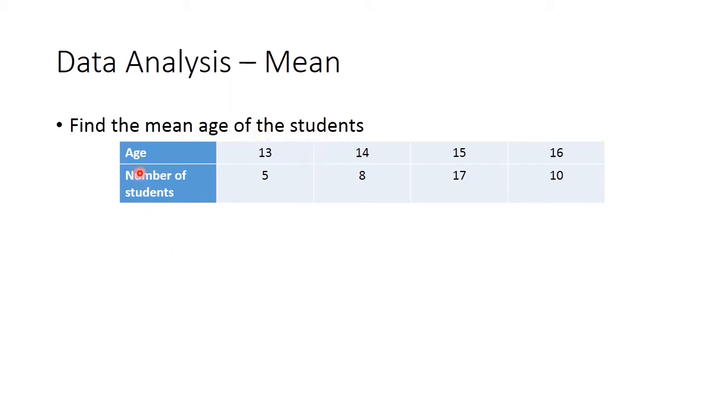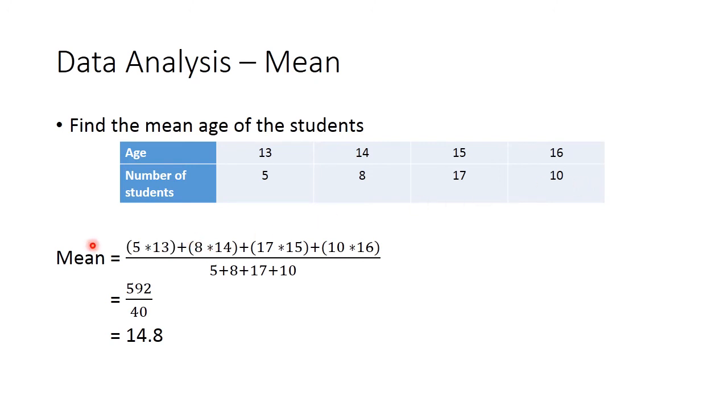Given a table, over here on the top you have the age, 13, 14, 15, 16, and you have the number of students: 5 students, 8 students, 17 students, and 10 students. If you want to try this question out, I advise you to pause the video and give yourself some time to try it, because I will be going through the steps as well as the answer in a short while.